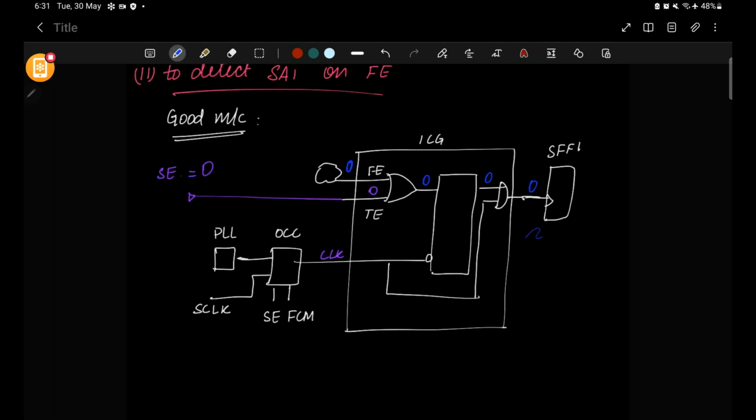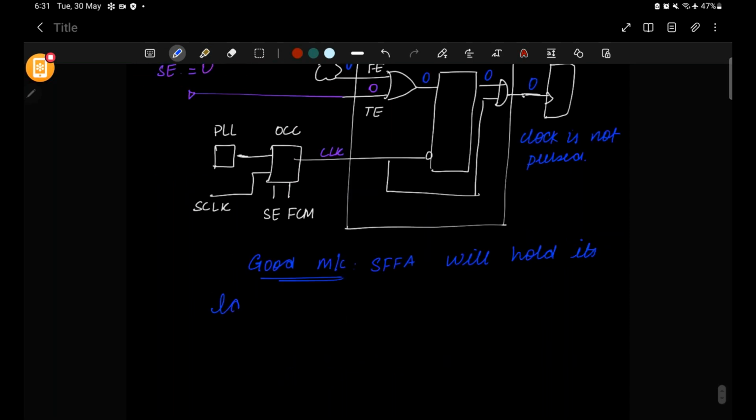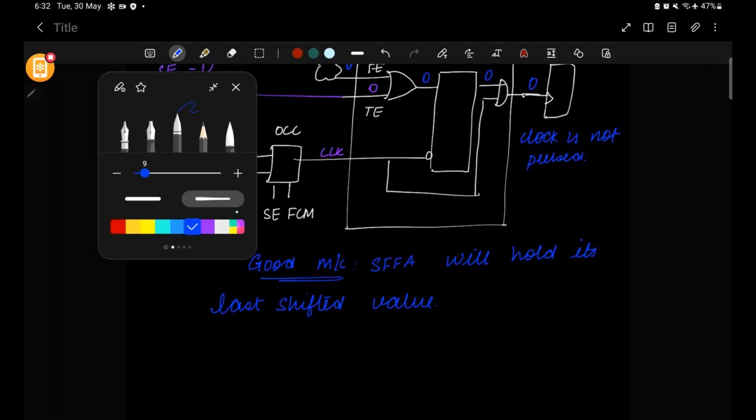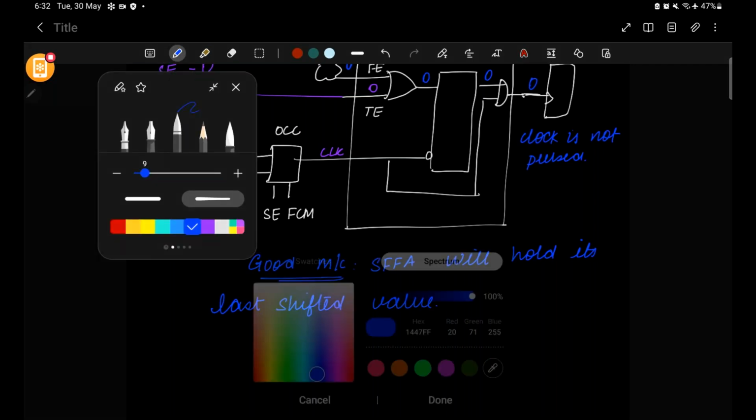So in the good machine, scan flop A will hold its last shifted value. Whereas now if you consider faulty machine simulation.